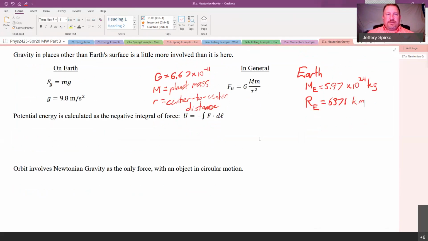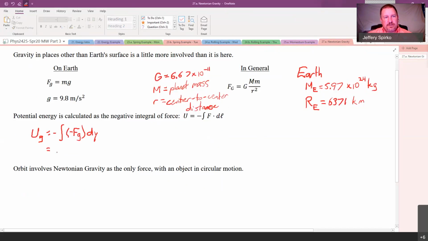Now, when we do energy analysis on Earth, we get to do an easy version of it. U sub G is minus the integral of the force of gravity, which is minus F sub G times dy on the inside.